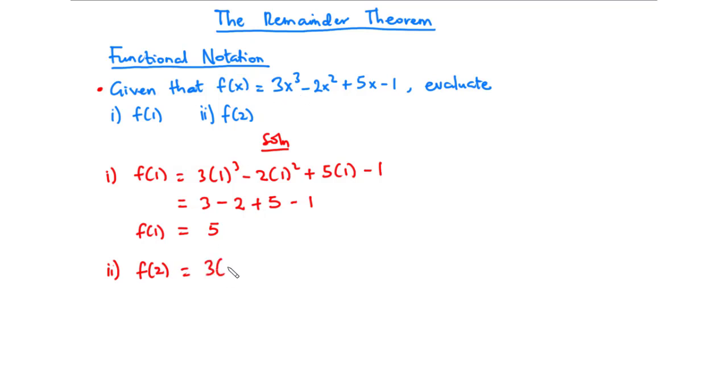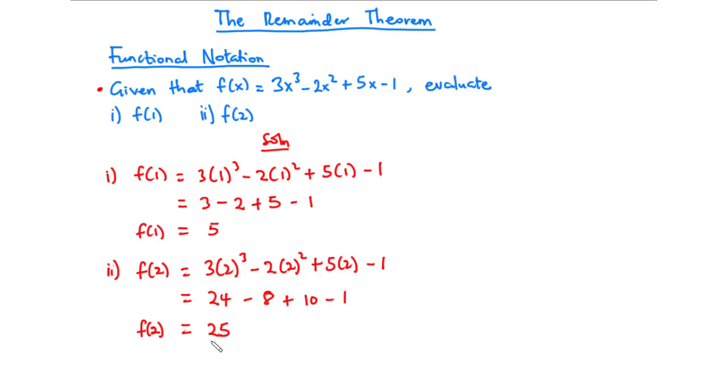So we have 3 times 2 cube minus 2 times 2 square plus 5 times 2 minus 1. 2 cube is 8, so 8 times 3 is 24. 2 square is 4. 4 times negative 2 is negative 8. 5 times 2 is 10 minus 1. 24 minus 8 is 16. 16 minus 1 is 15. 15 plus 10 is 25. So it means that f of 2 is 25.